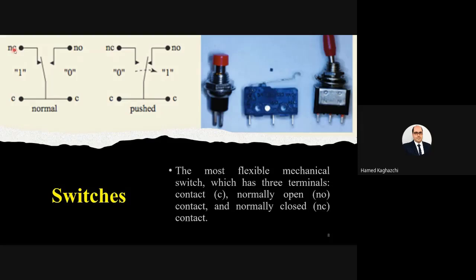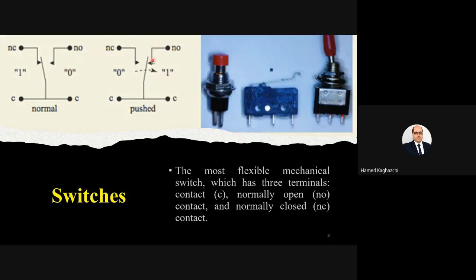In the normal situation, as you see here, the left side of the circuit is connected, and when we push it, the right side is connected, and the value of 0 is changed to 1.